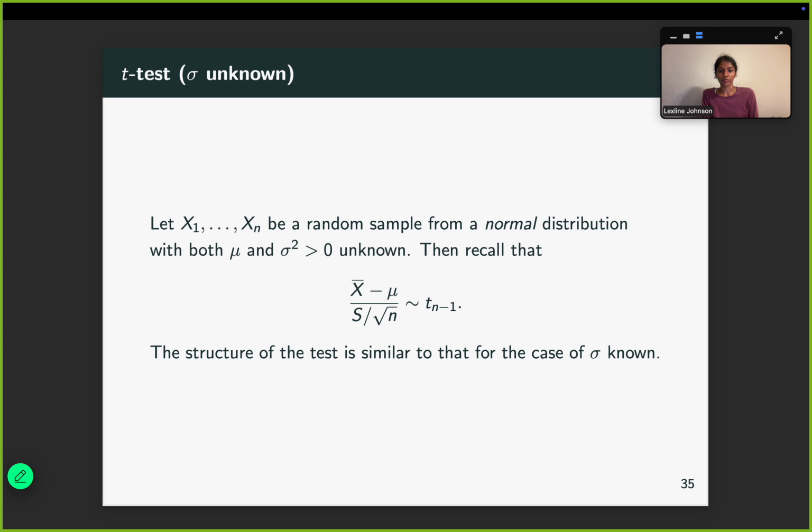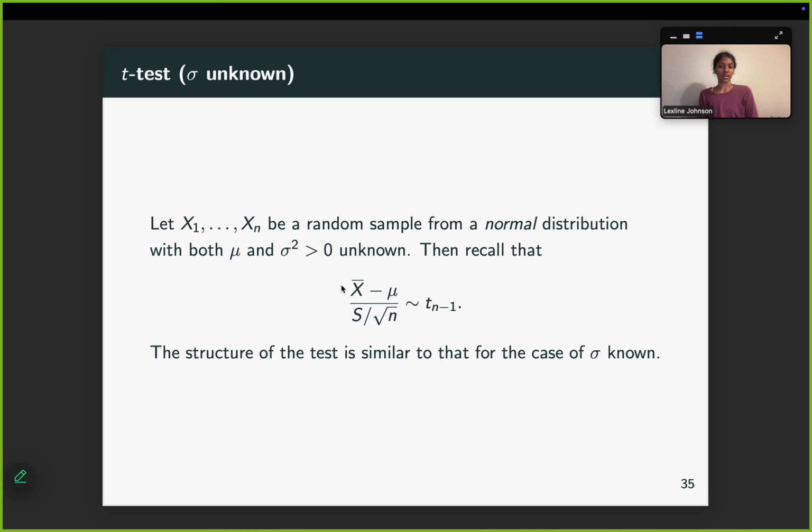And then we can recall how to calculate t, which is really similar. Essentially we use the same formula, but we replace our population standard deviation with our sample standard deviation, since it's a decent estimator of our population standard deviation.